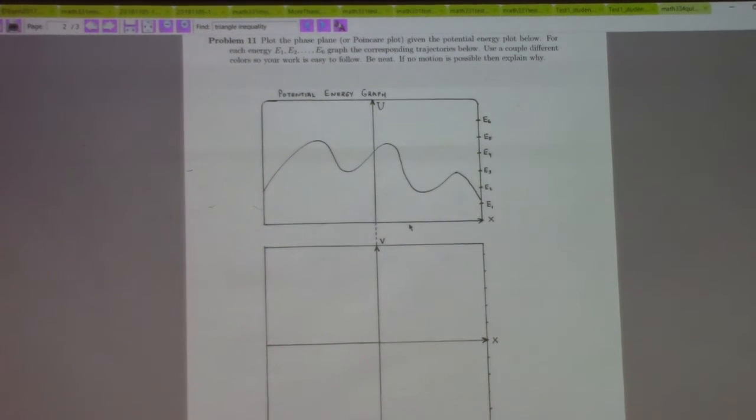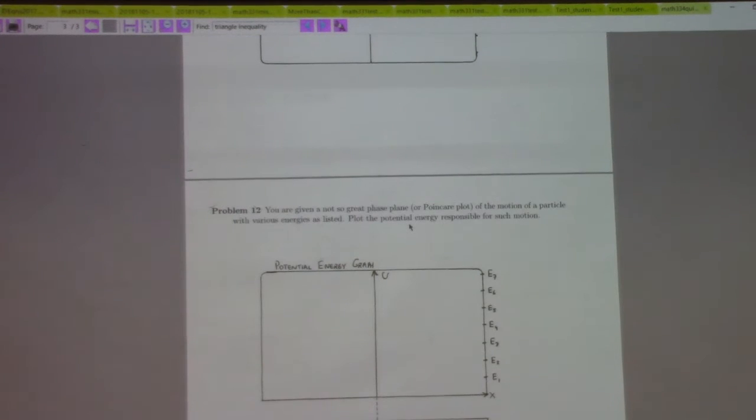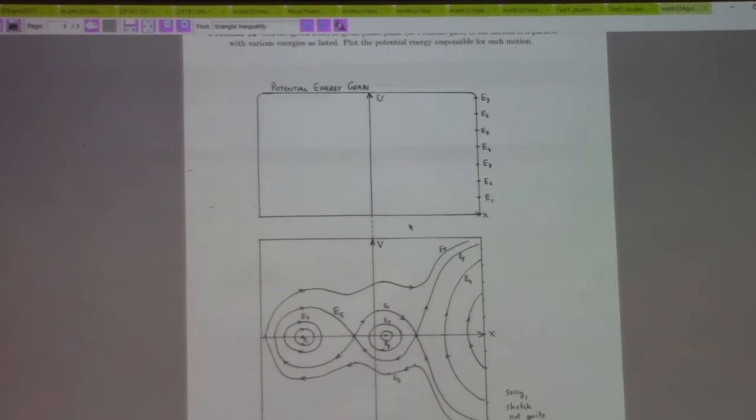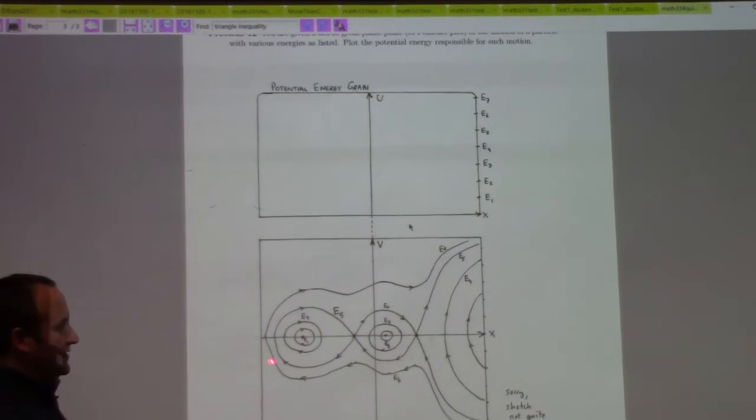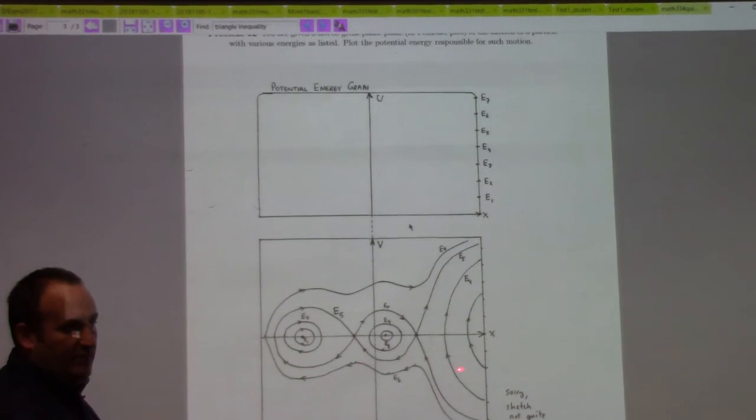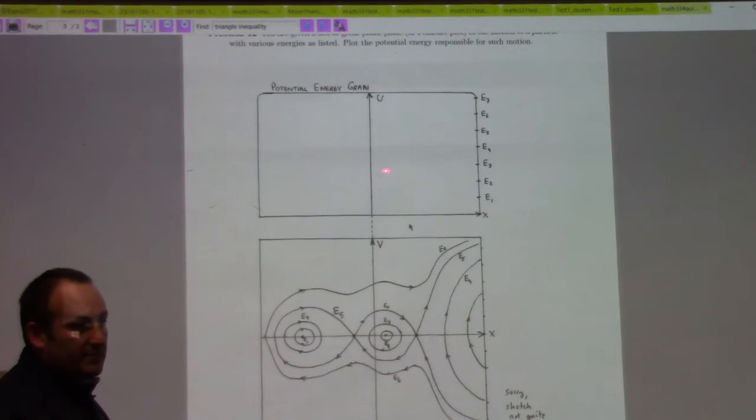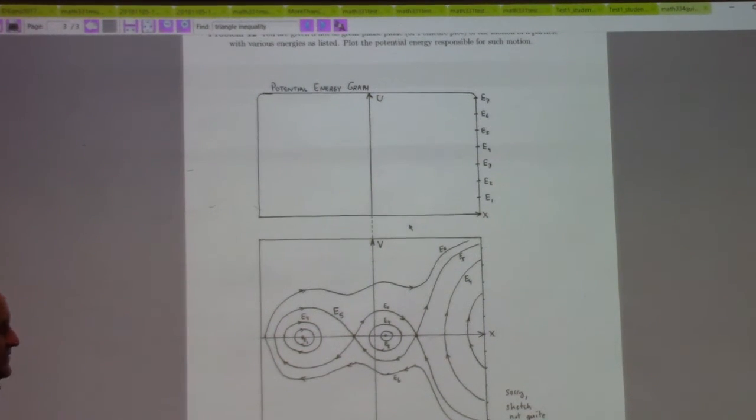So that's the one problem, is to create the Poincare plot. And then this problem is the reverse question. Here, you're given the Poincare plot, and you're asked to extrapolate backwards to go from this Poincare plot to what potential energy function you must be dealing with. All right? So this is the inverse problem, which I tried my best to draw a good Poincare plot there, but don't be a math major.